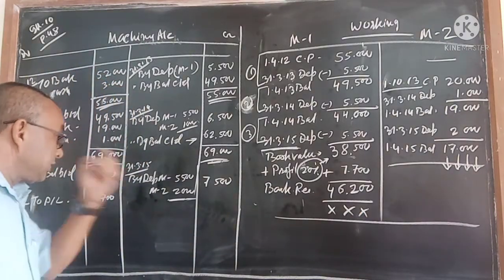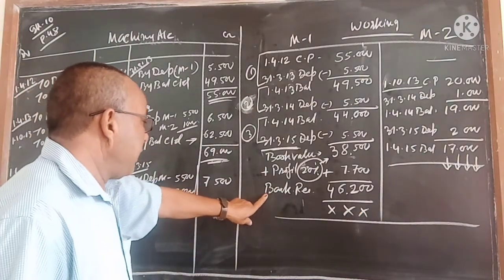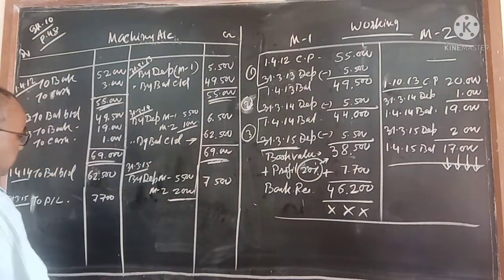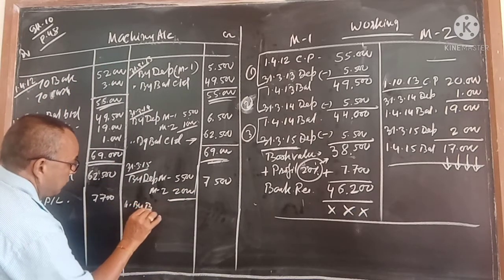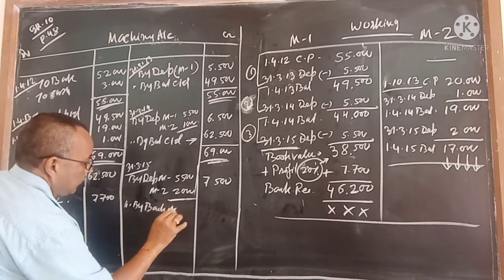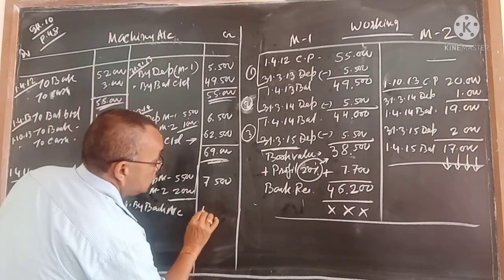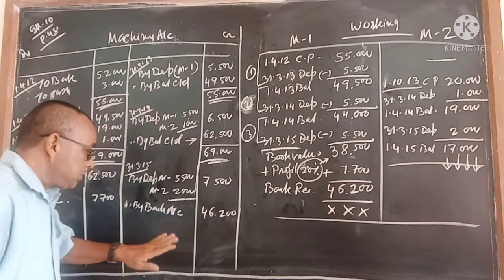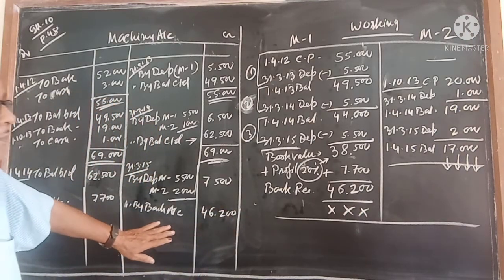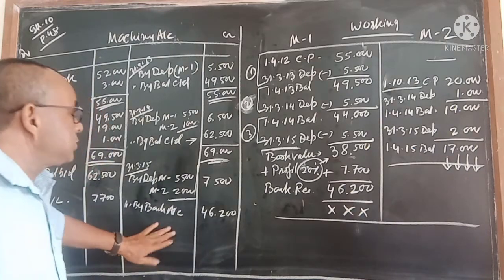And also you got the cash, bank. So bank account debit to machinery account. Machinery account debit by bank. This will come by bank account. How much? 46,200. Now, for the first machine, if you want to find out the balance, you will not get the balance of the first machine.